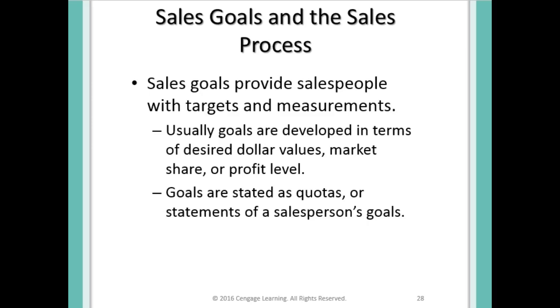A quota is a statement of the salesperson's sales goals, usually based on volume. That's the big thing. Sometimes it could include how many new accounts, repeat sales they can get, or selling specific products, but it's usually based upon volume.